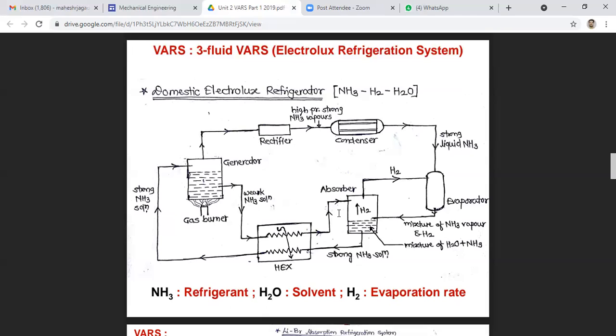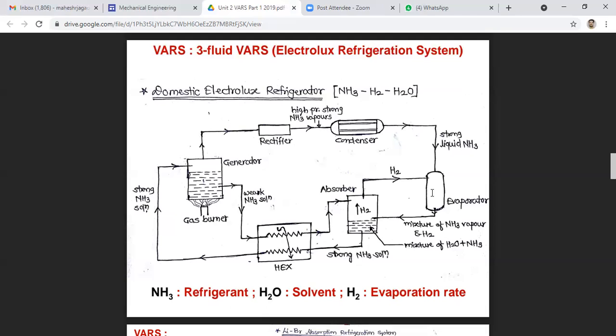Next, the ammonia vapors in the condenser are condensed, and by external cooling, that is cooling water, we supply the external cooling source in the condenser. The liquid refrigerant leaving the condenser flows under gravity to the evaporator where it meets the hydrogen over there.